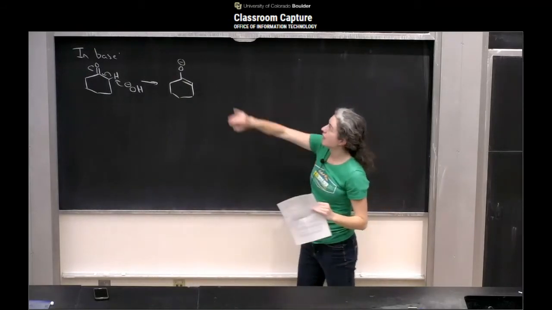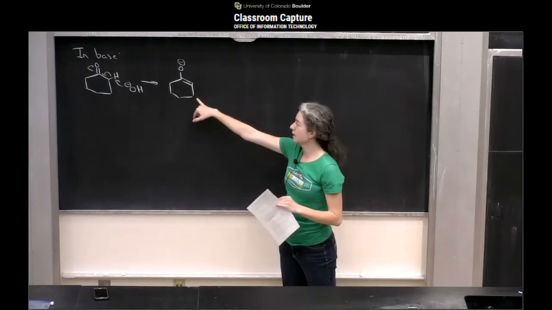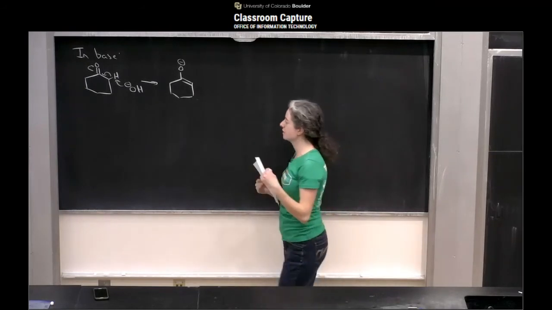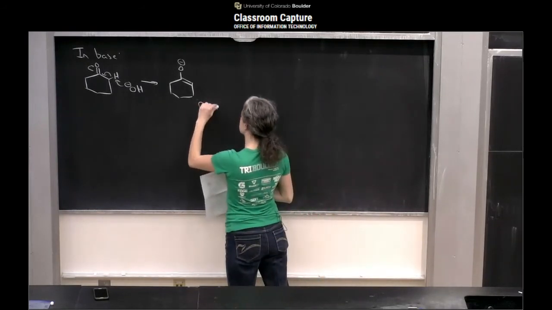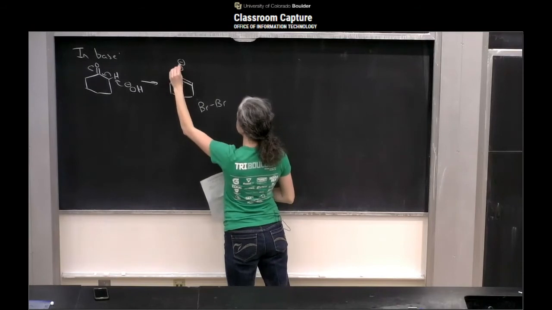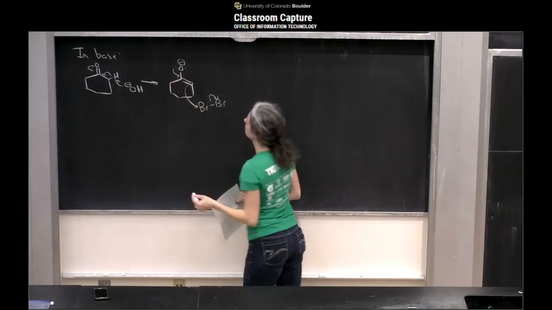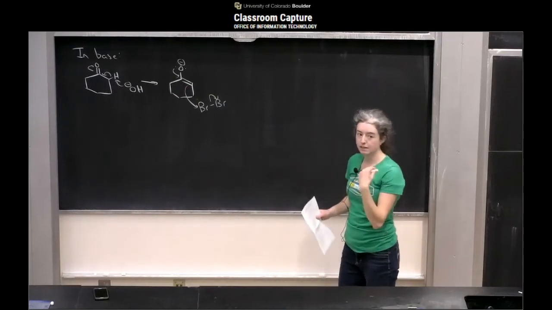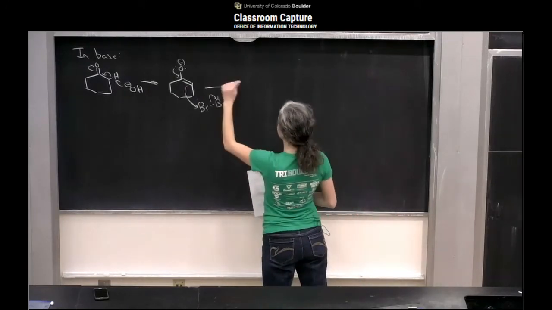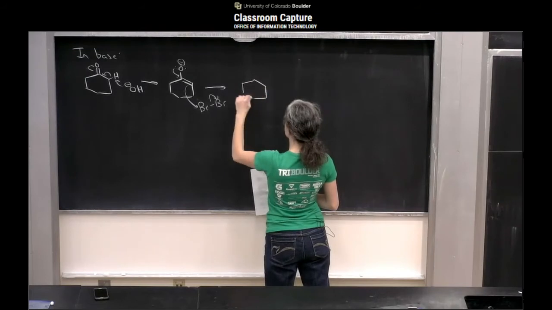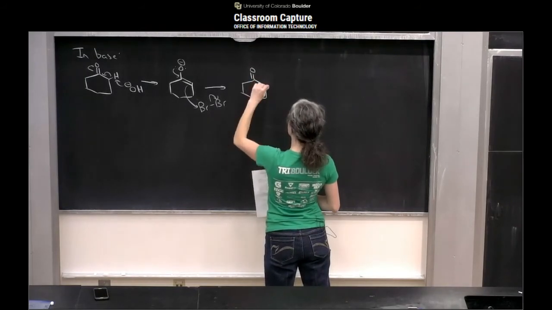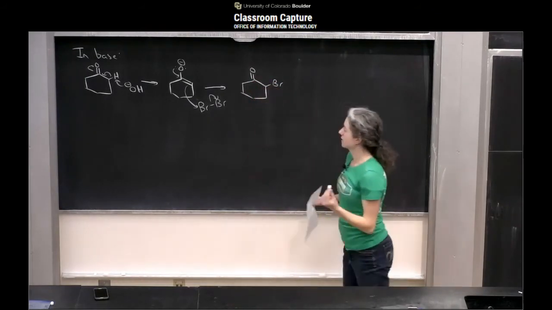Again, we still need to have an electrophilic bromine to attack the molecule, so we're still just going to use Br2, or whatever halogen 2. Okay, so now it's the enolate doing the attack, and that gets us to here.